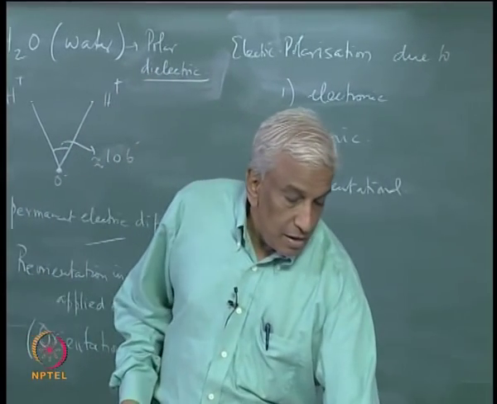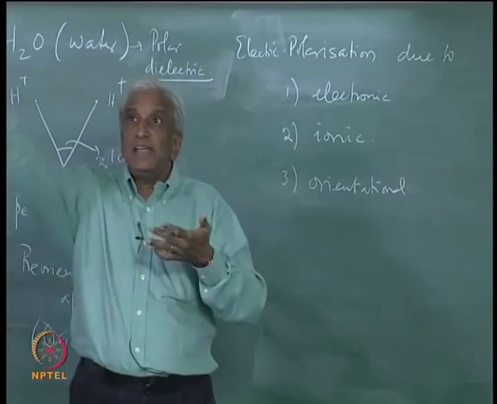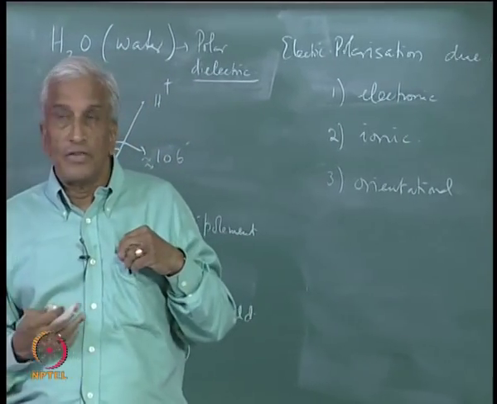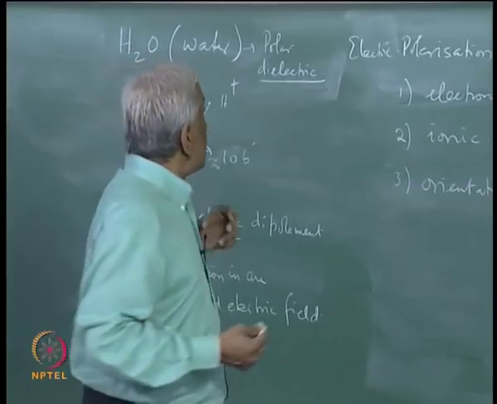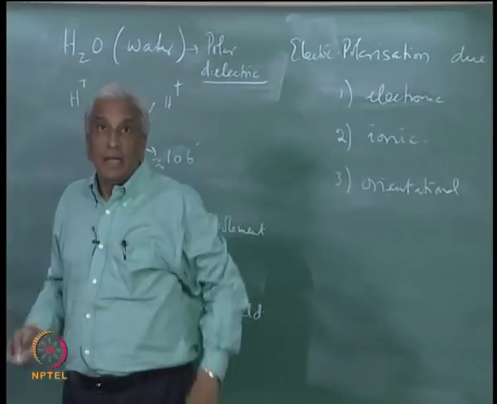So, even among dielectrics, there are different kinds of dielectrics, and since the electrons respond rapidly to even very rapid frequency variations of the applied electric field, the electronic contribution persists up to very high frequencies.